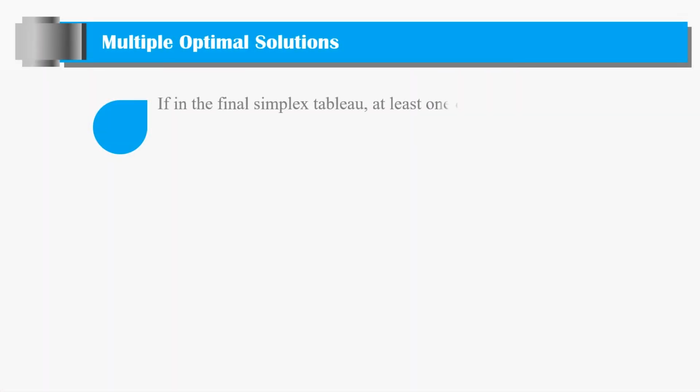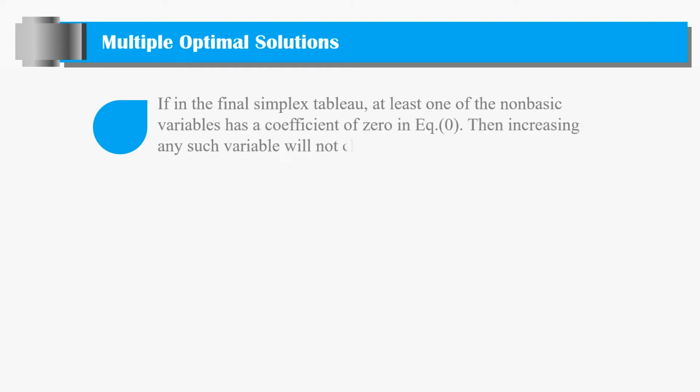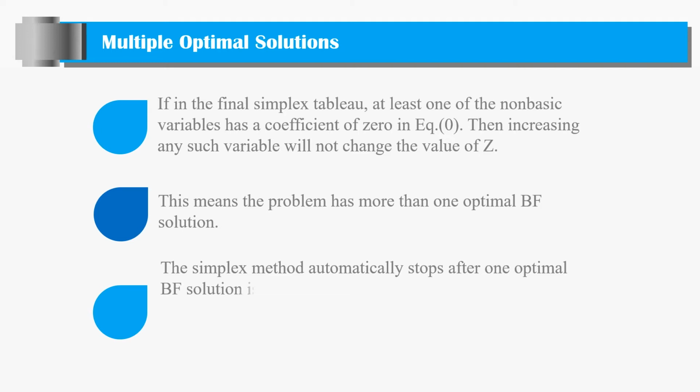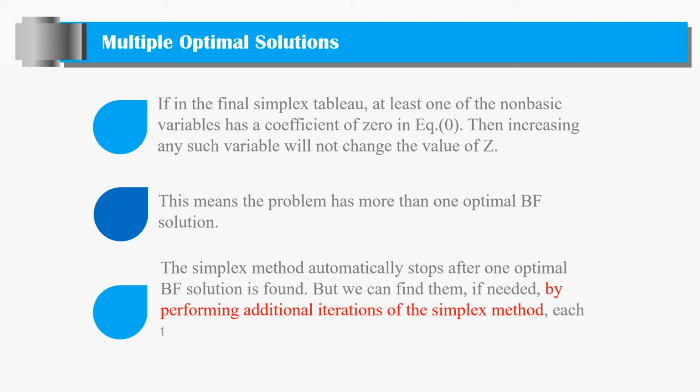Okay, so the next case is that if in the final simplex tableau, at least one of the non-basic variables has a coefficient of 0 in equation 0, then increasing any of such variables will not change the value of z. So this means that the problem has more than one optimal BF solution. In the process of the simplex method, it automatically stops after one optimal BF solution is found.